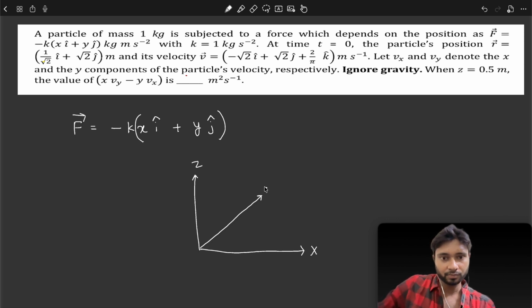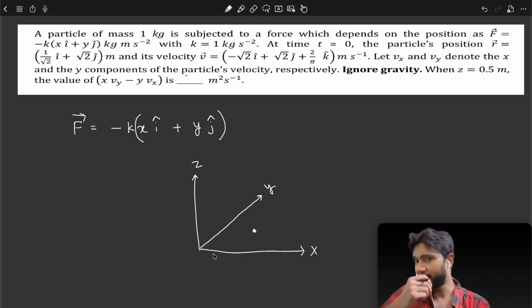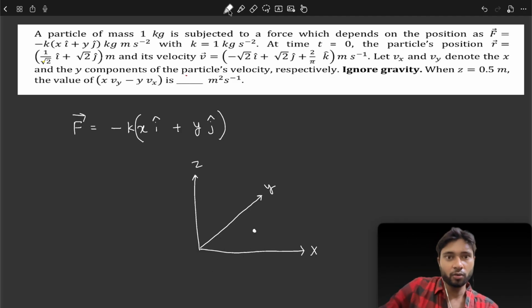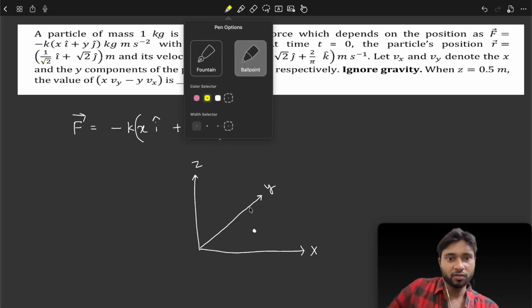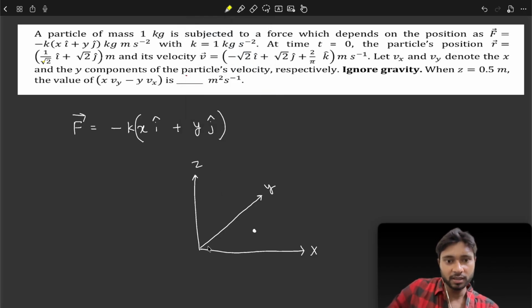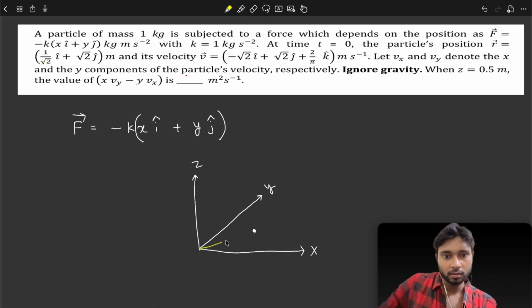When the particle would have been here, in the xy plane with z coordinate as 0, the direction of force must be towards the origin.